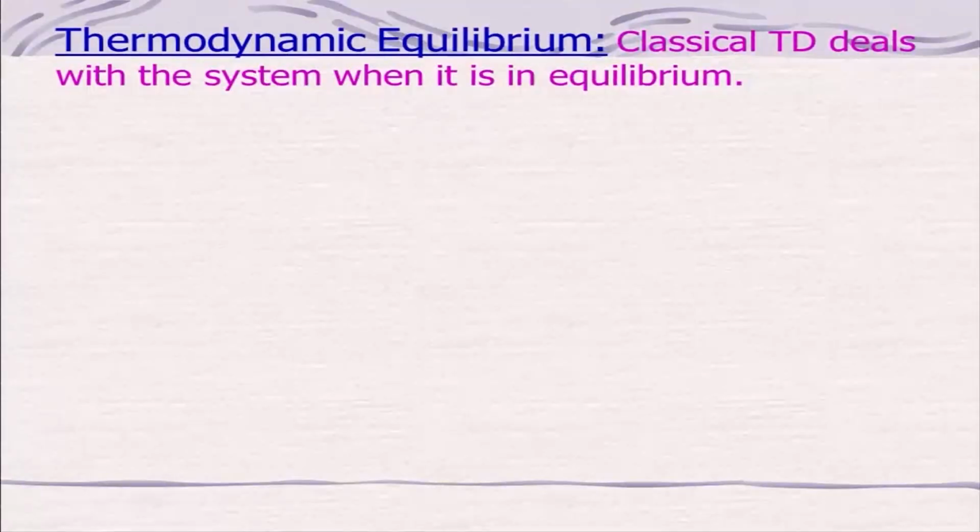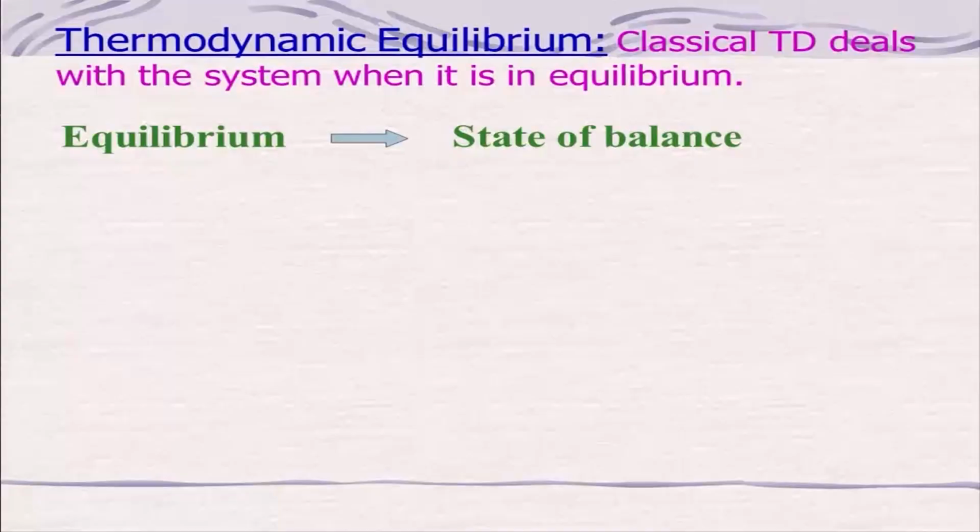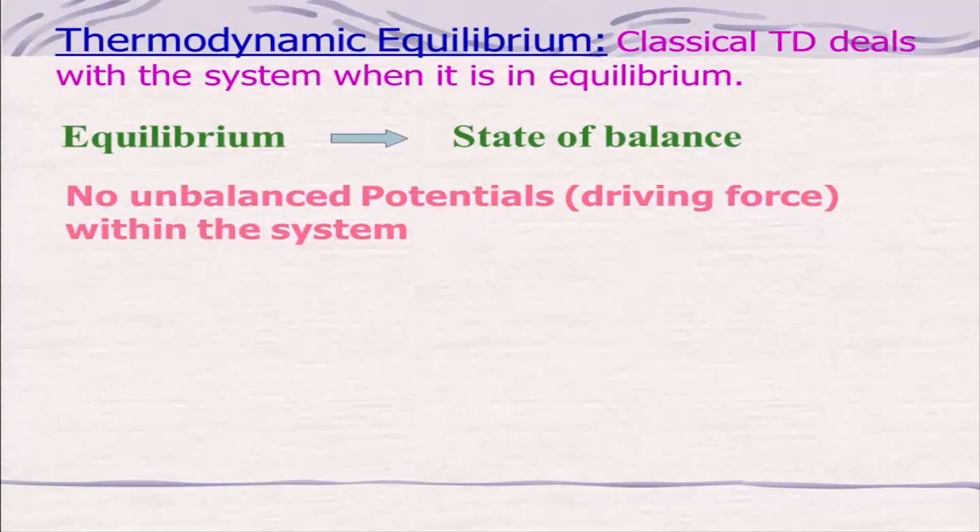And equilibrium basically means a state of balance, right? If the state of balance is there, whenever the system interacts with the surroundings, it will attain equilibrium, right? And then we will find out what changes occur in the process. So equilibrium means the unbalanced potentials, that means the driving force, should be zero, right?